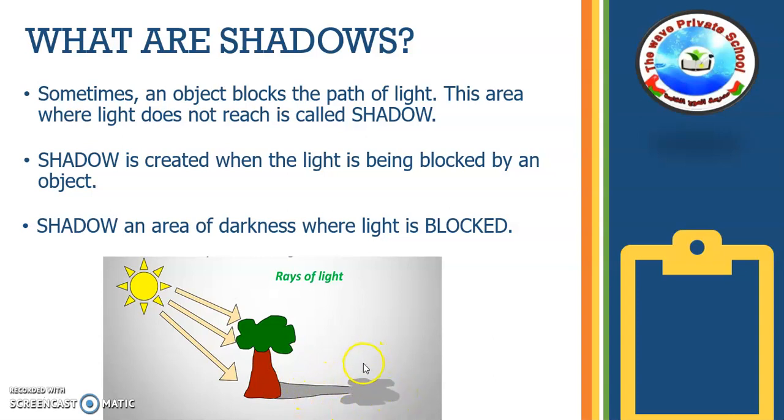So that is how a shadow is formed, and that is what a shadow means. So again, a shadow is an area of darkness where light is blocked. Or in short, when we talk about a shadow, that is the area where light does not reach. So that is what you call a shadow. Very good.